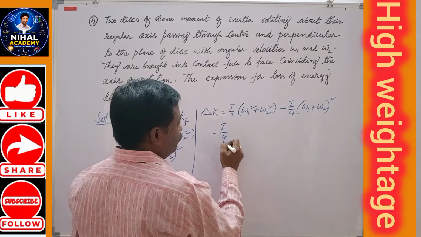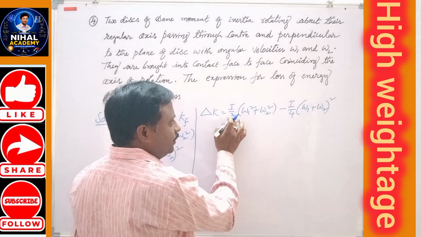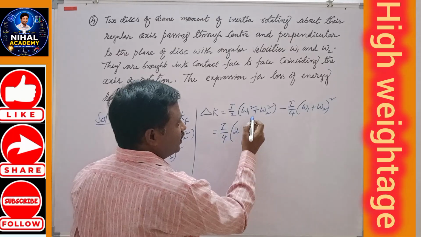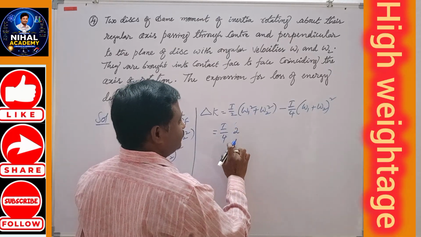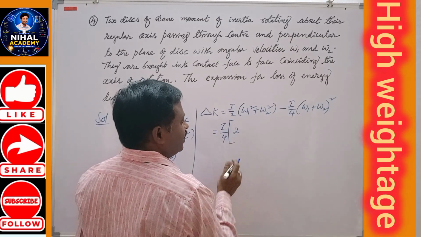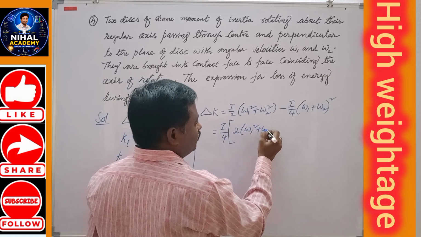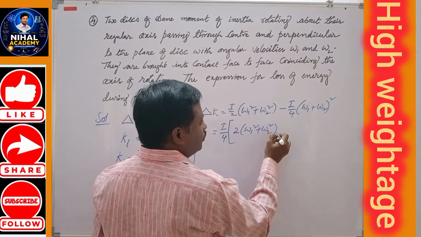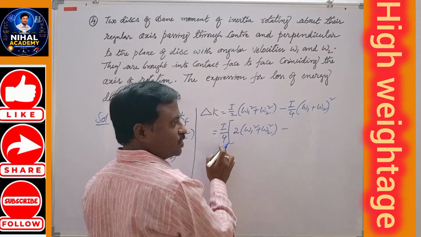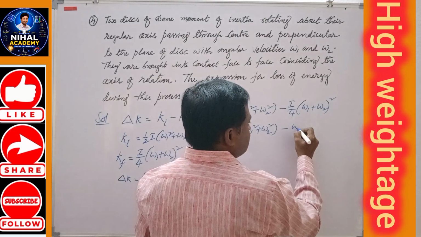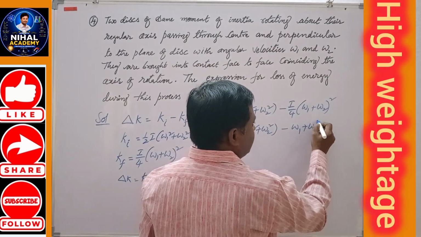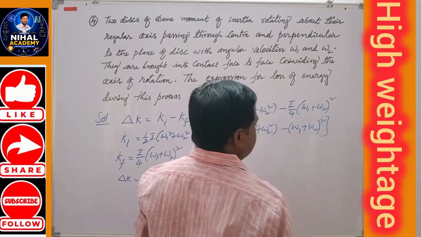So I by 4 is taken out, then here I by 2 we can write as 2 times (omega 1 square plus omega 2 square), and here minus I by 4 is taken out, so this part is left: (omega 1 plus omega 2) whole square.